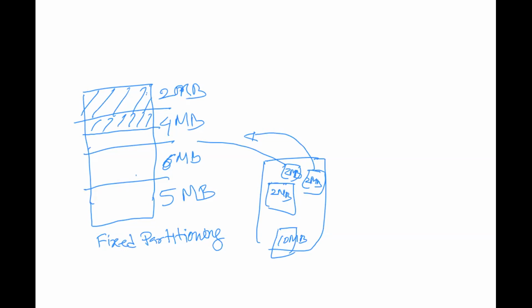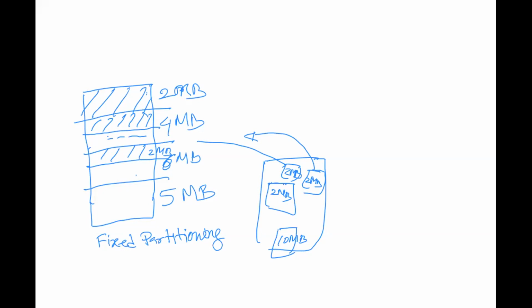Even though 2 MB is available, there is already another process in this slot, so you cannot insert another process in it. You have to go to another slot. So a partition can hold only a single process. Each partition can hold a maximum of 1 process.